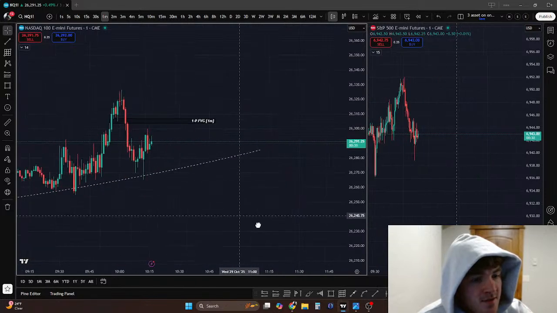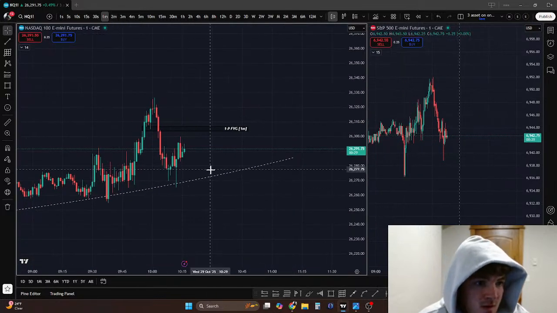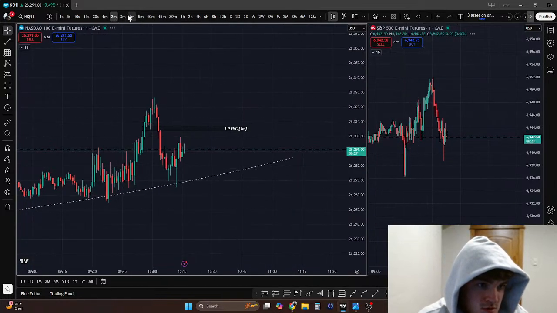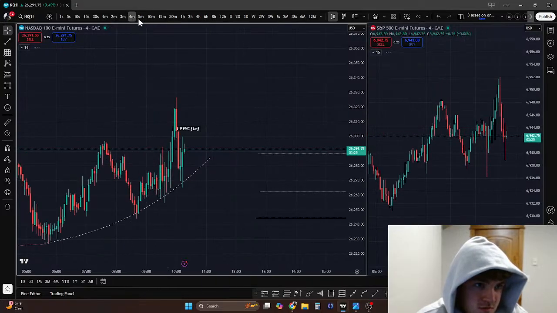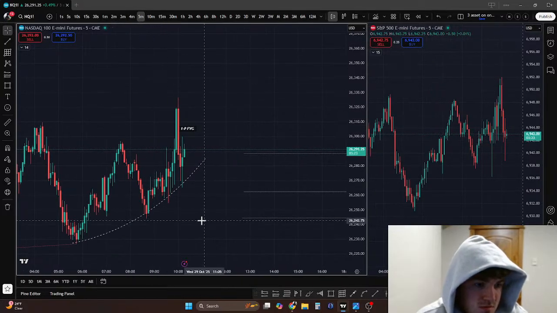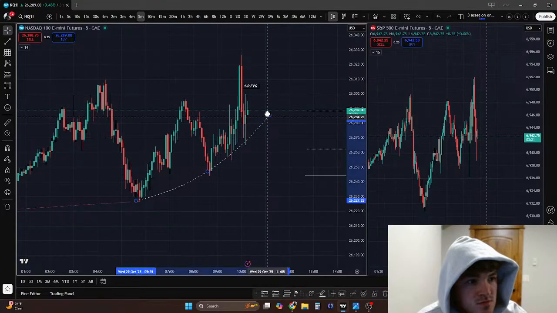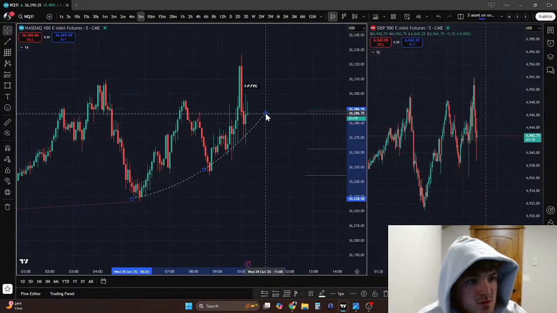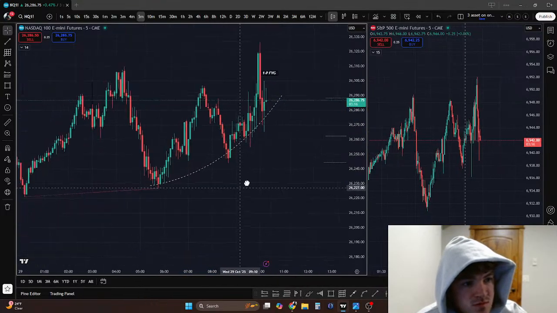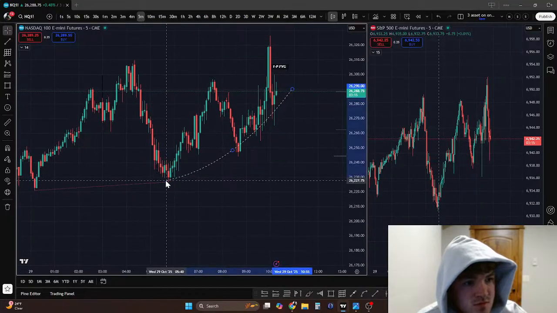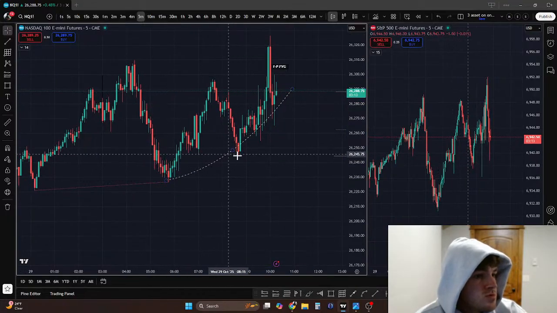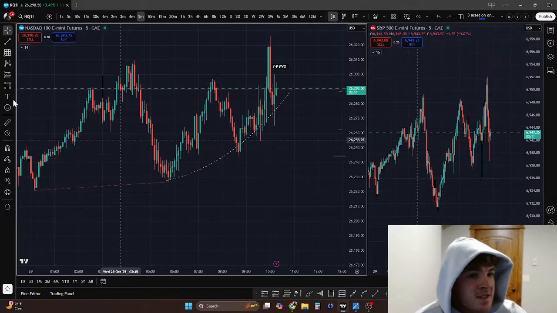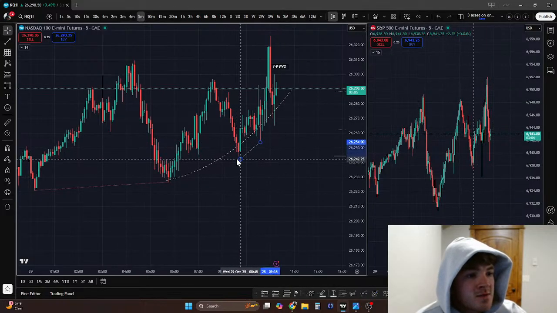So it's looking high resistant. And then we had bullish SMT here. 90-minute SMT.